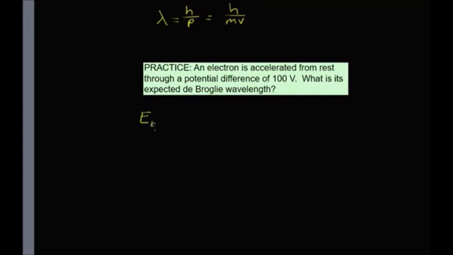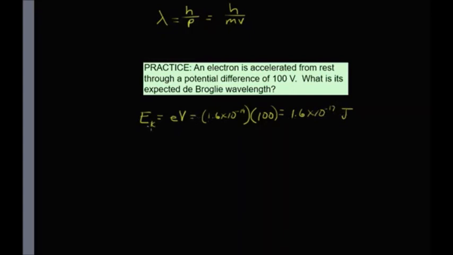We'll figure out the kinetic energy first. Kinetic energy is the charge of an electron times the voltage that it's going through. So it's 1.6 times 10 to the minus 19th coulombs times 100 volts, and that gives us 1.6 times 10 to the minus 17th joules.